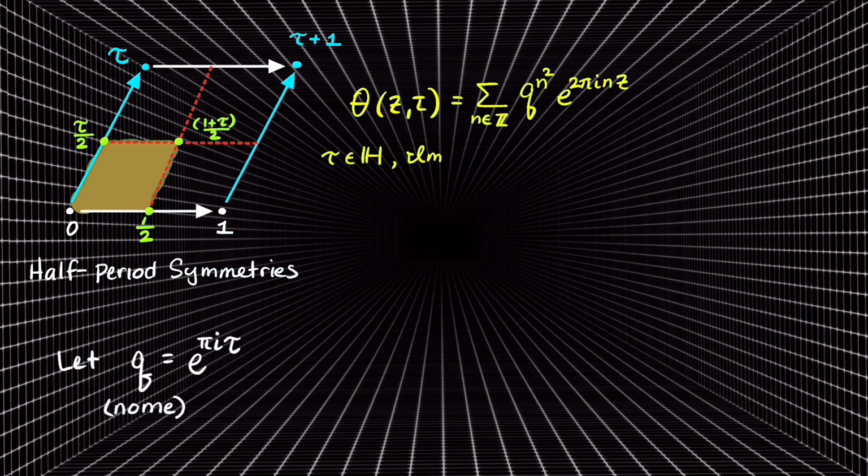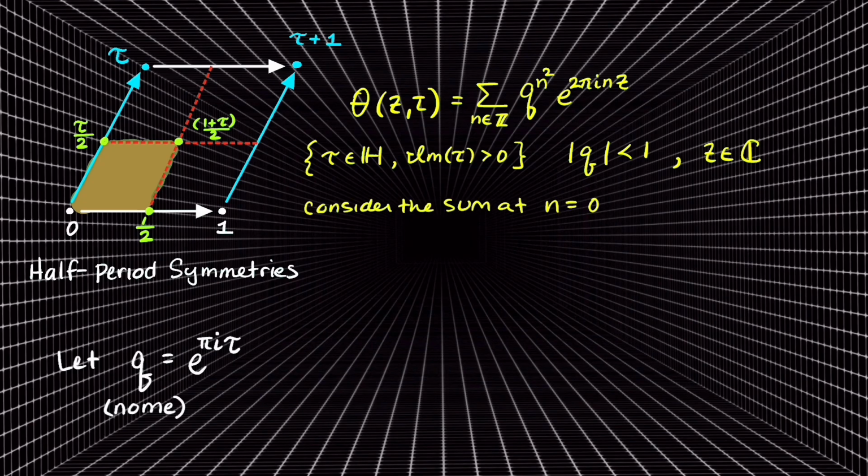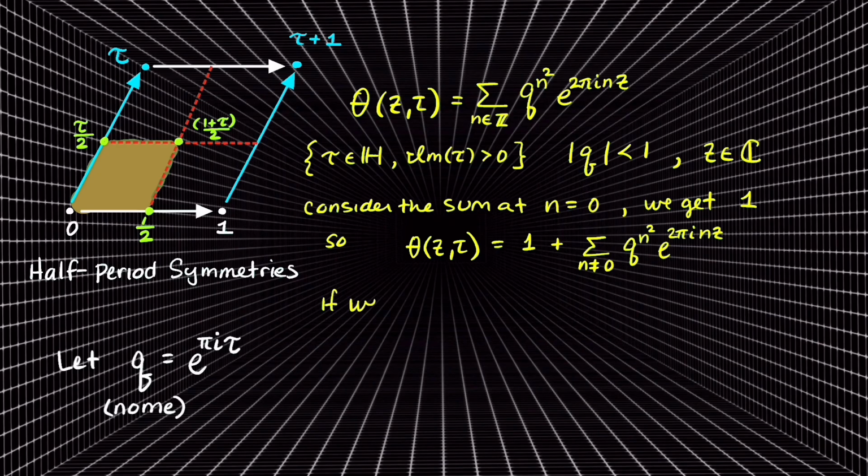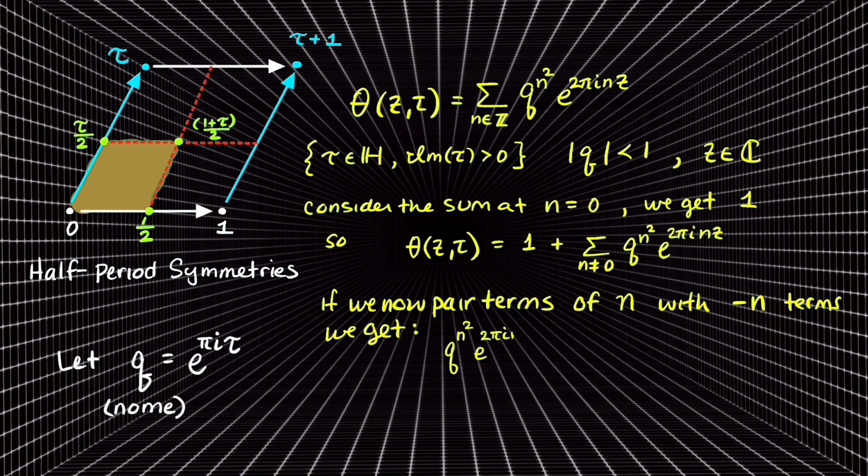So now expressing the theta function, tau lives in the upper half plane, so its imaginary part is greater than 0, which means that the nome q's absolute value is less than 1, and z is in the complex plane. Next we consider reducing the sum down to its parity, meaning are these functions even or odd, since we now have 4 functions to investigate with different symmetric properties.